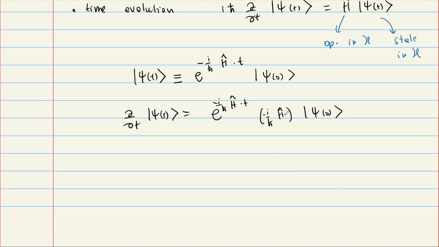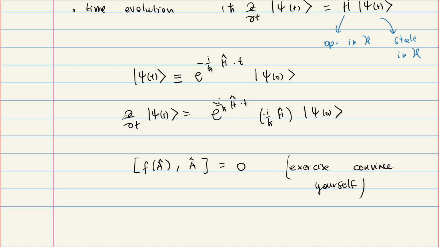Now this H and this function of H commute. For any operator, a function of that operator and the operator always commute. So maybe I can give you this as an exercise: convince yourself.